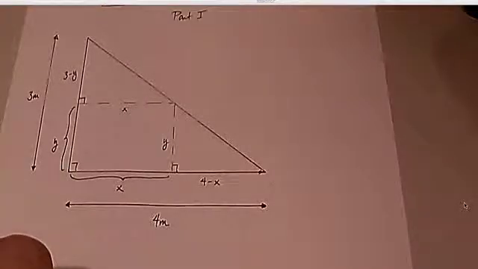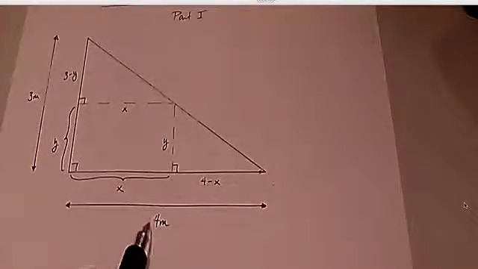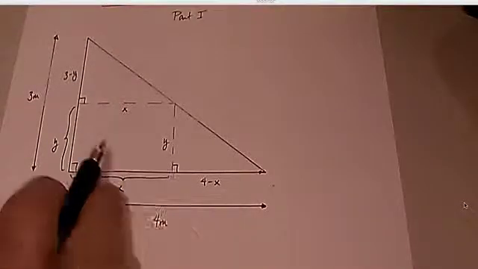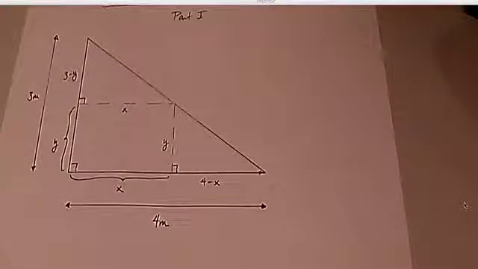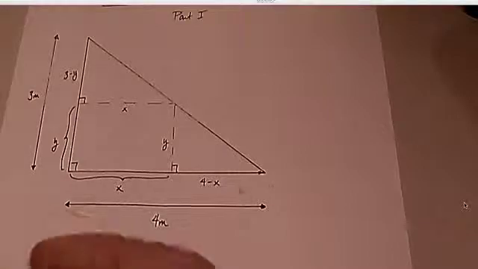I know that 3 to 4 is the same ratio as y to 4 minus x. It's also the same ratio as 3 minus y to x. You just have to decide which variable you want to get rid of. Well, since we're used to dealing with x, let's get rid of y, okay?